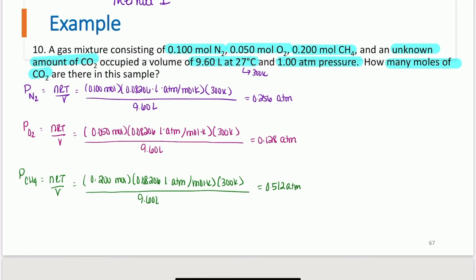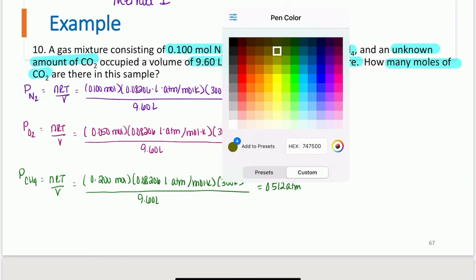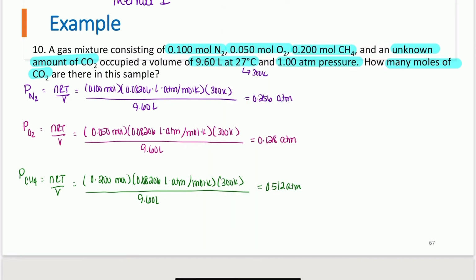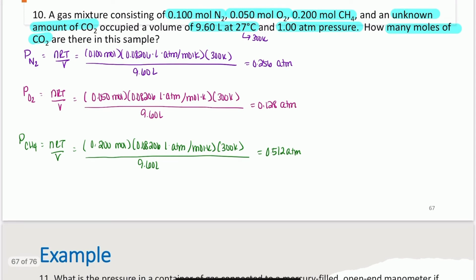I know the pressure of CO2 will be the difference of whatever's left. So the pressure of CO2 will be 1 atmosphere minus all the individual partial pressures: minus 0.256 atmospheres, minus 0.128 atmosphere, minus 0.512 atmosphere. This gives me 0.104 atmospheres of CO2.